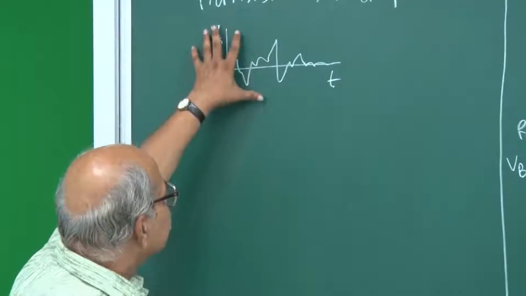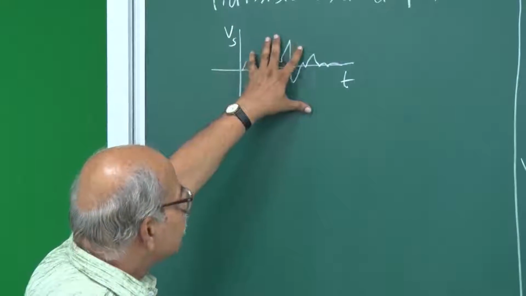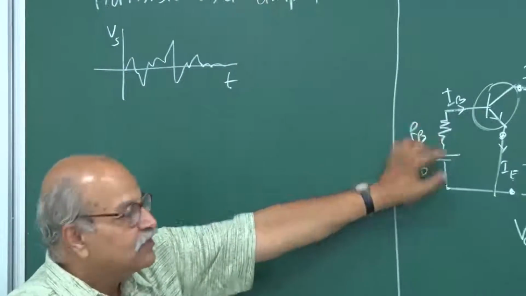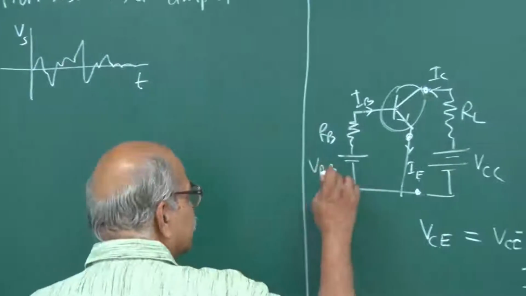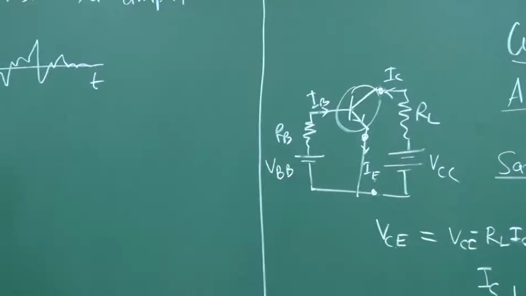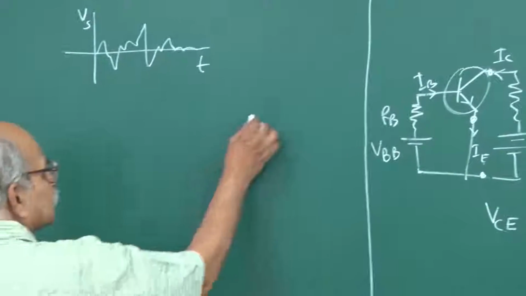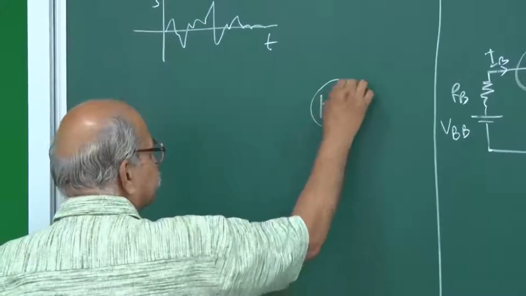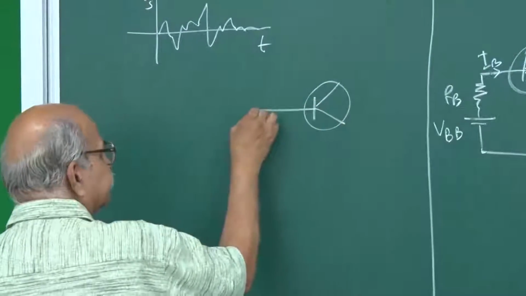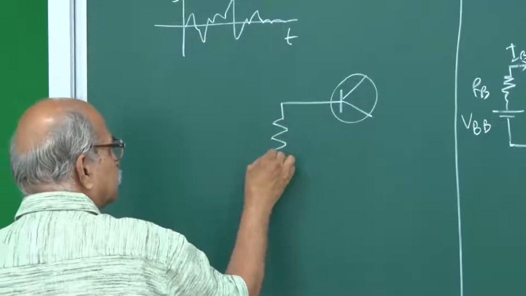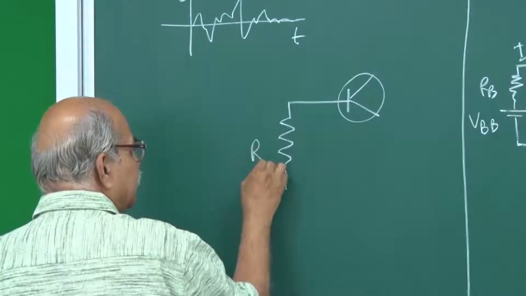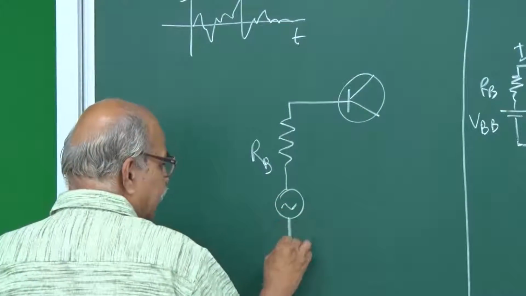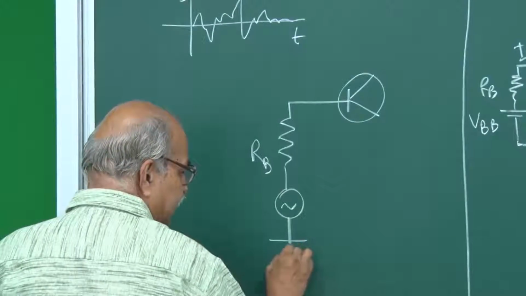So, this signal, this voltage we add here in this biasing. Let me draw a fresh diagram. Same diagram I am repeating. So, this is RB and then I have this signal here and then I have this biasing battery.